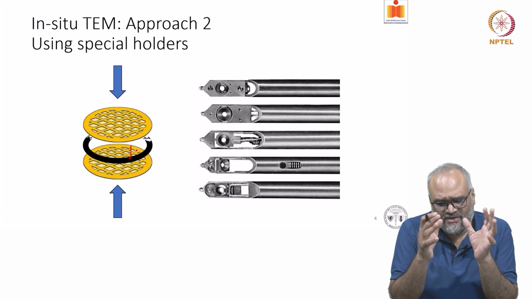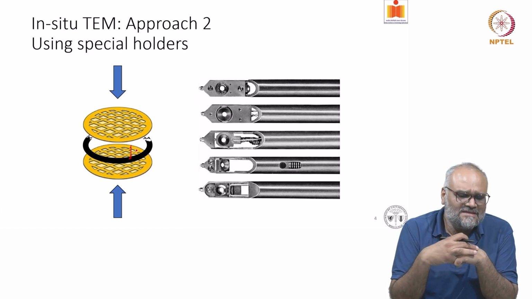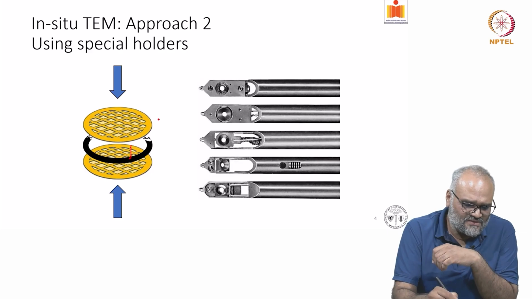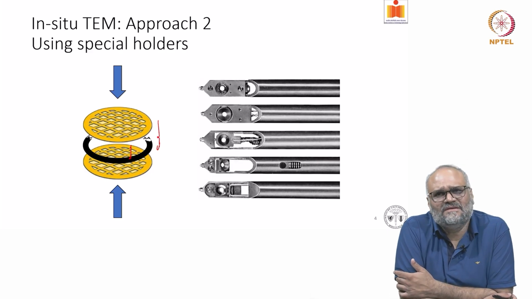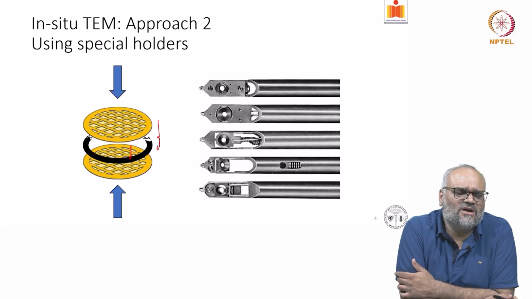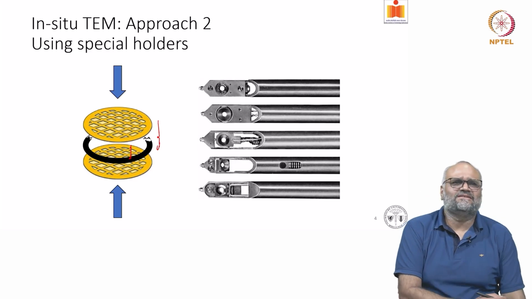Now, the idea of MEMS based devices, especially for environmental studies, is somewhat close to this kind of a system where you have two half cells in which the bottom and the top cell actually have silicon nitride membrane, and you introduce the specimen in between this and you can see how chemical reactions happen.